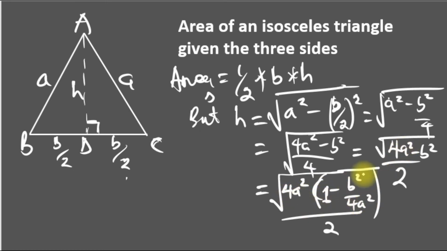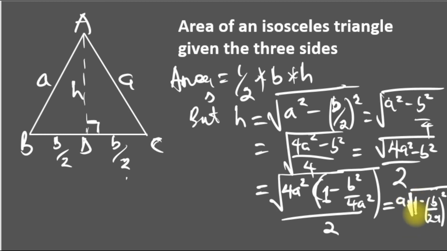This times this, that's it. So we now have that the square root of 4 is 2. The square root of A squared is A, but the 2 here will cancel out this, so we have A square root 1 minus B. You know, we can write B squared over 4A squared as (B over 2A) all squared.